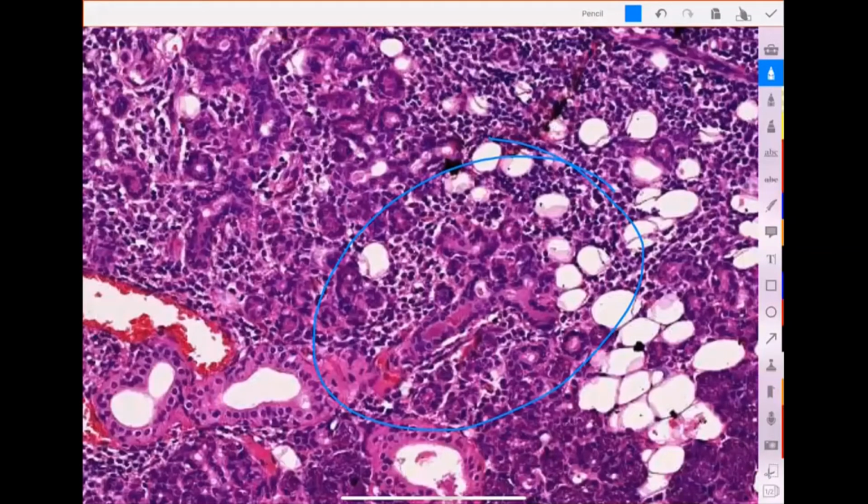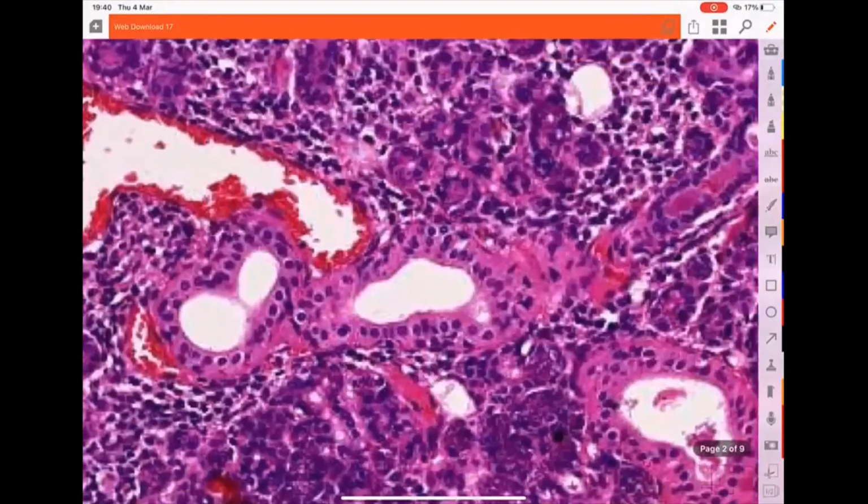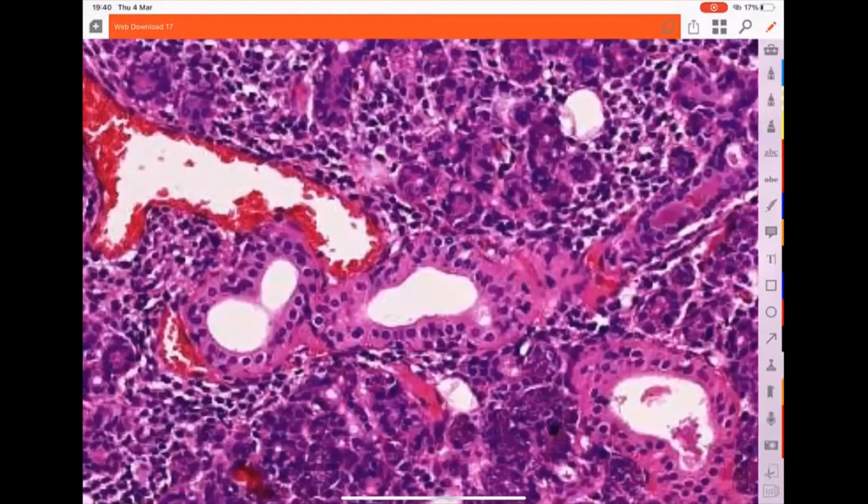Now, you need to also be able to understand the morphology of the different ductal epithelium in the parotid gland. If you're not familiar with it, because there are intercalated ducts and there are the larger ducts, you need to be able to appreciate that some of the ductal epithelium can look like Warthin's, but don't over-interpret it.